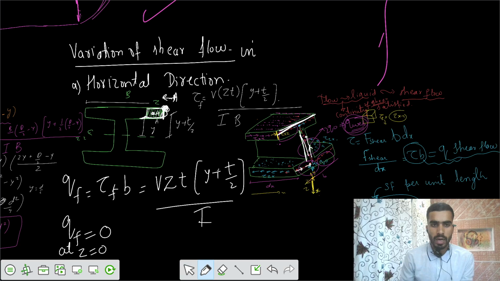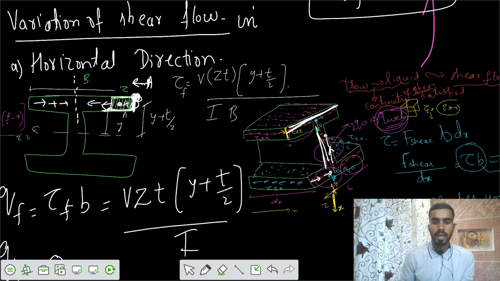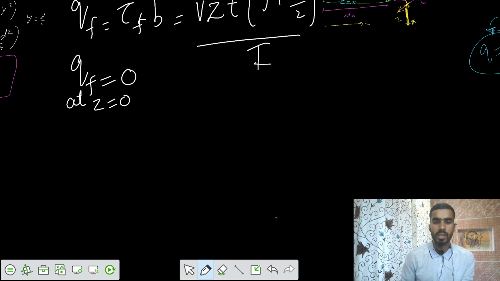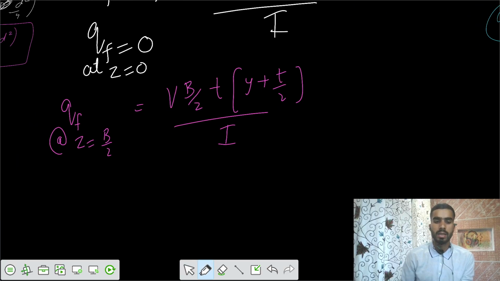So shear flow equals 0 at the end, and we got that shear flow is a linear variation of z up to the mid part, because from both sides we have some shear flow. If you go up to the mid part, that is at b by 2, if you substitute z goes to b by 2, you get a value of shear flow equal to V b by 2 into thickness t into (y plus t by 2) by I, and that we call Q naught.